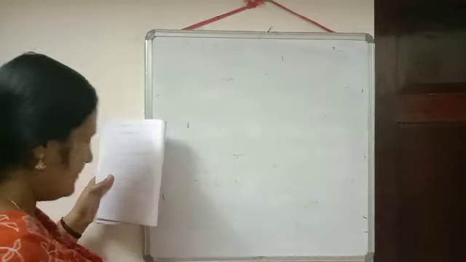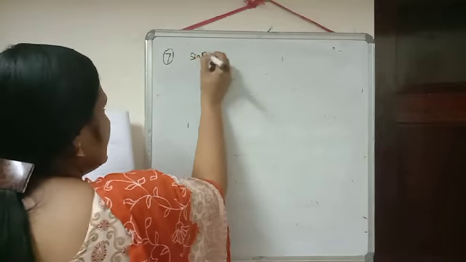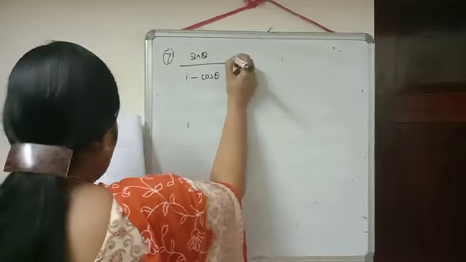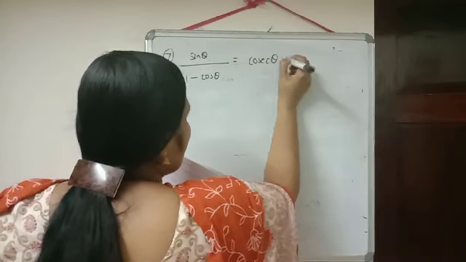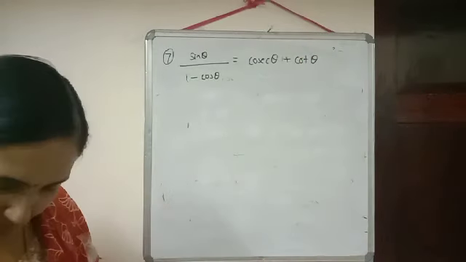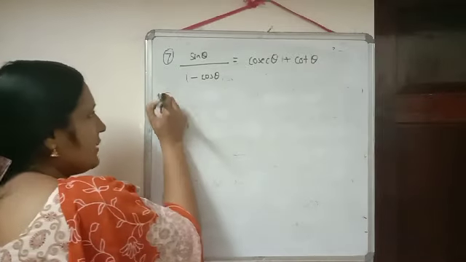Seventh question is sin theta by 1 minus cos theta equal to cosec theta plus cot theta. Now here how can we do this question? So first the left hand side.